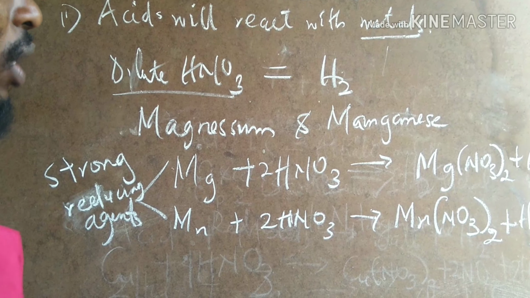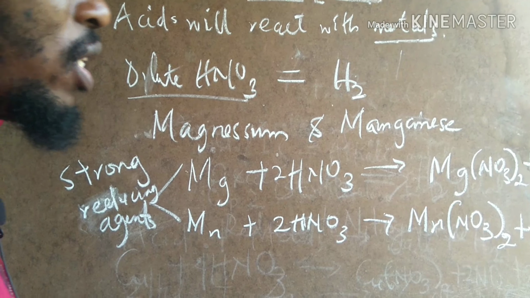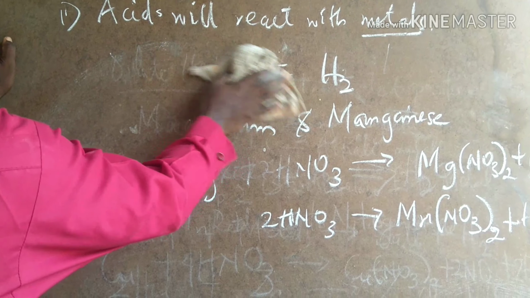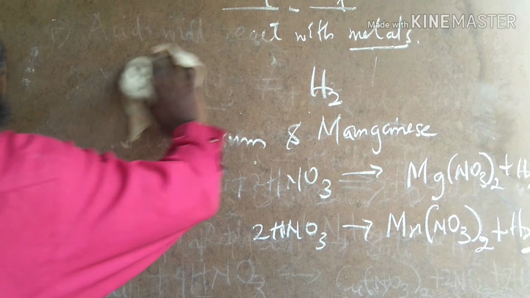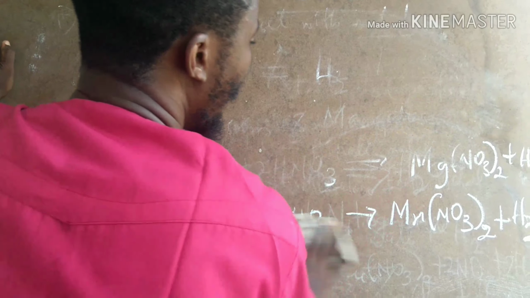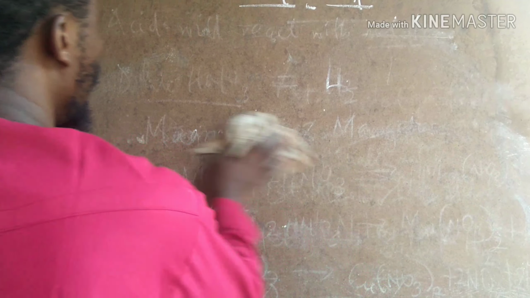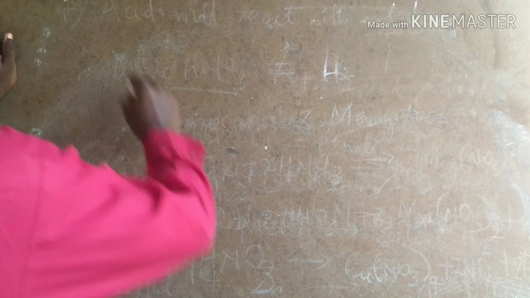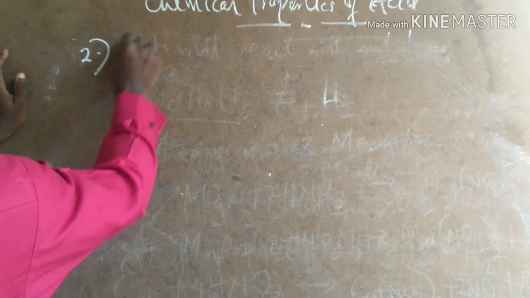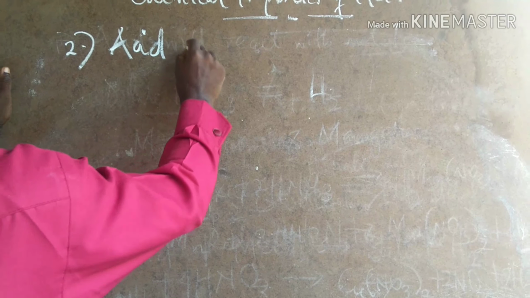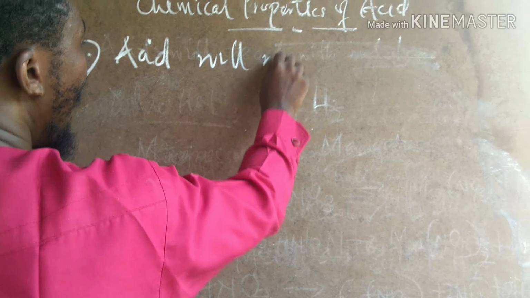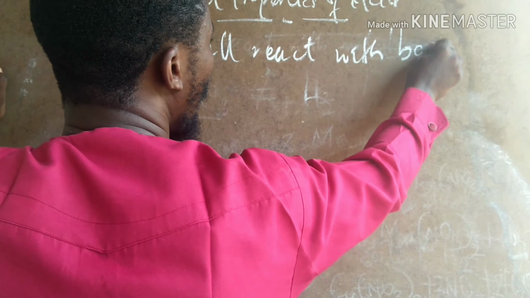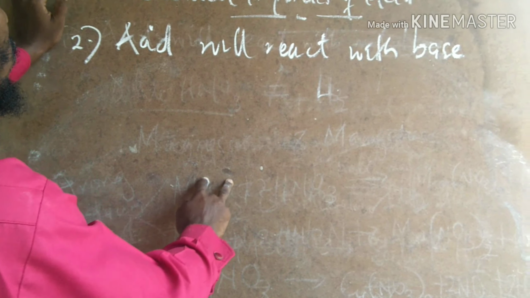So if you are good on that, we can actually proceed with the other aspect. So that is that about the chemical property number 1 of acid, which is acid reacting with metal. So number two is that acid will react with base. Acid will react with base.